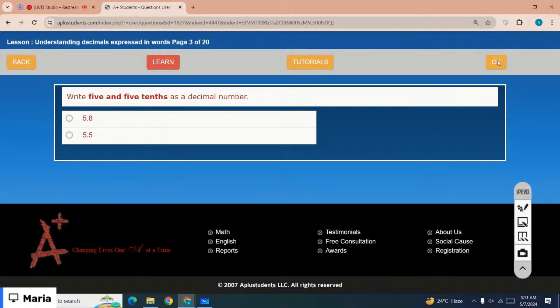Right, 5 and 5 tenths, which is the correct option? That is 5.5. Option number 2 is the correct option.